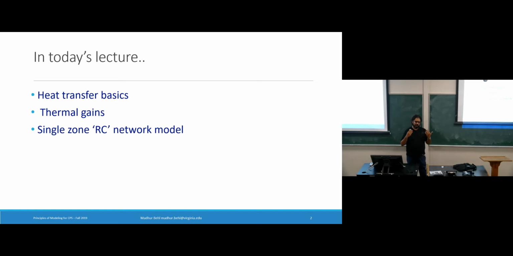And then we'll see what we learned from the functioning of an HVAC system and how we can incorporate that knowledge in creating a mathematical model that you will use and train with real data to predict the evolution of temperature in a building, right? And that's what is called this RC model that I briefly showed you in the previous lecture. But the resistances and the capacitances of this network model are thermal in nature and not mechanical or electrical, right?